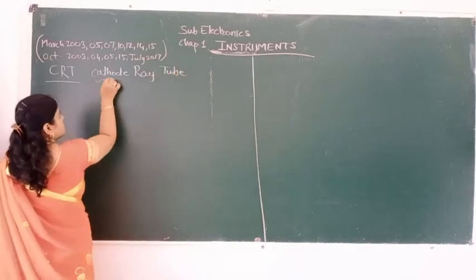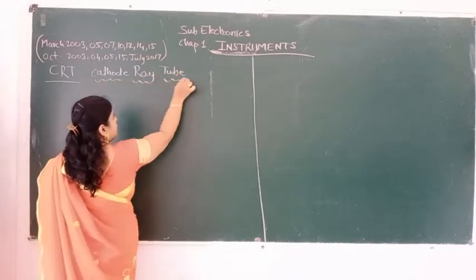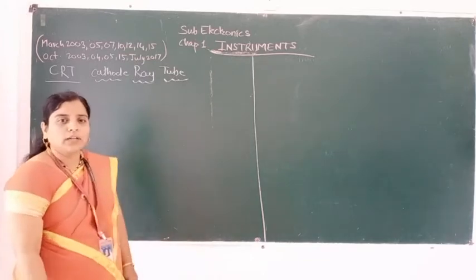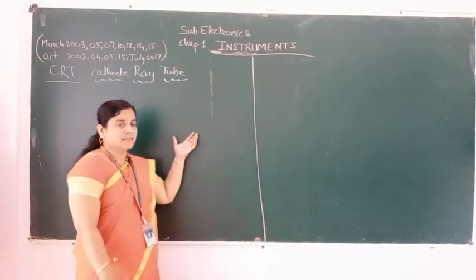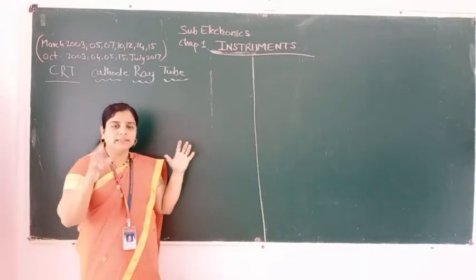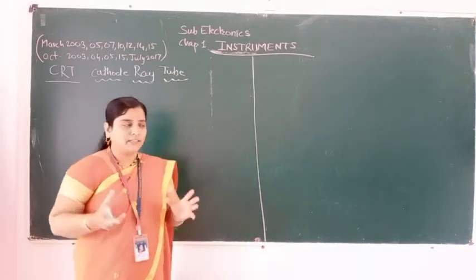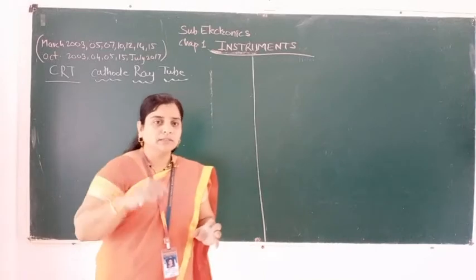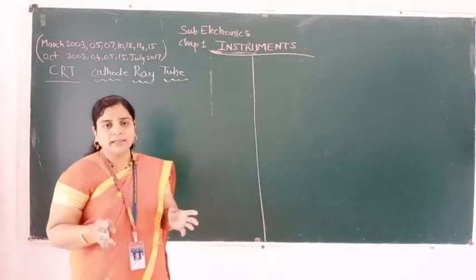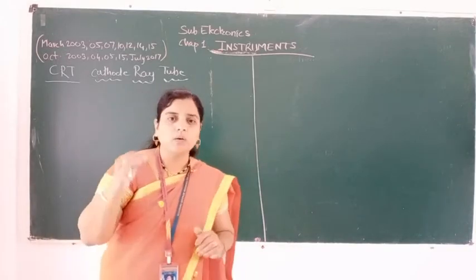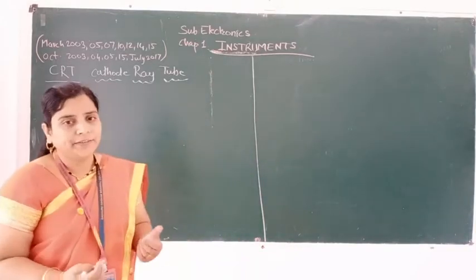Where is the cathode ray tube used? Cathode ray tube was previously used in televisions or TVs, which we have used at home. Nowadays there is no CRT in TVs. TVs are now LCDs or LED TVs.